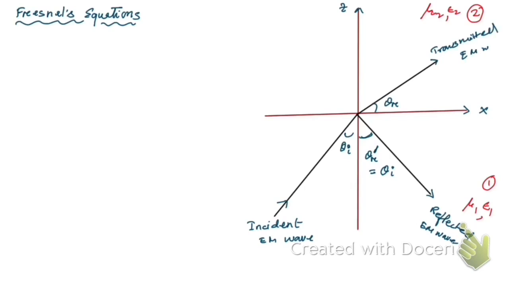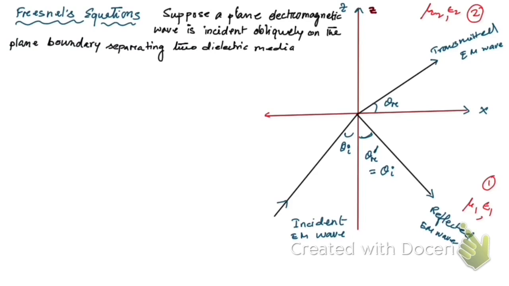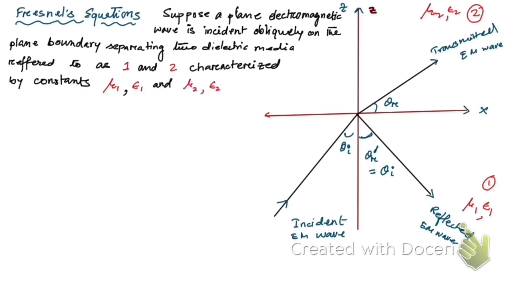Now let me write what I have considered here. Let us suppose a plane electromagnetic wave is incident obliquely on the plane boundary separating two dielectric media, referred to as medium 1 and 2, and characterized by the constants mu1 and epsilon 1, and mu2 and epsilon 2, respectively.